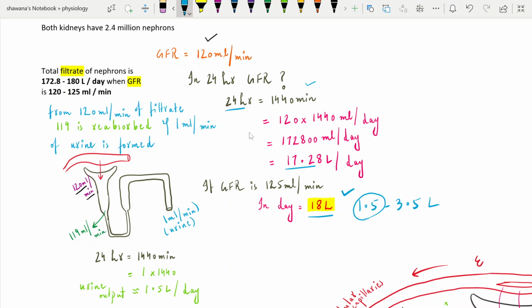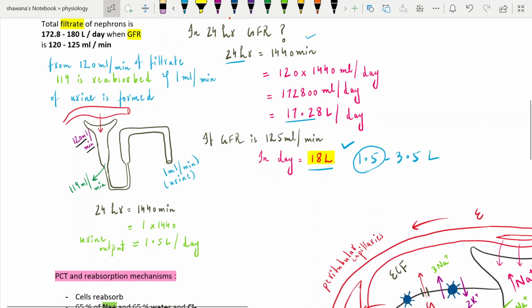So reabsorption has its own significance when it comes to nephron physiology. We can calculate the amount of urine produced in one day. 120 ml of filtrate is formed in 1 minute, and 119 is reabsorbed, and only 1 ml appears in the urine in 1 minute. How many minutes are present in one day? 1440.